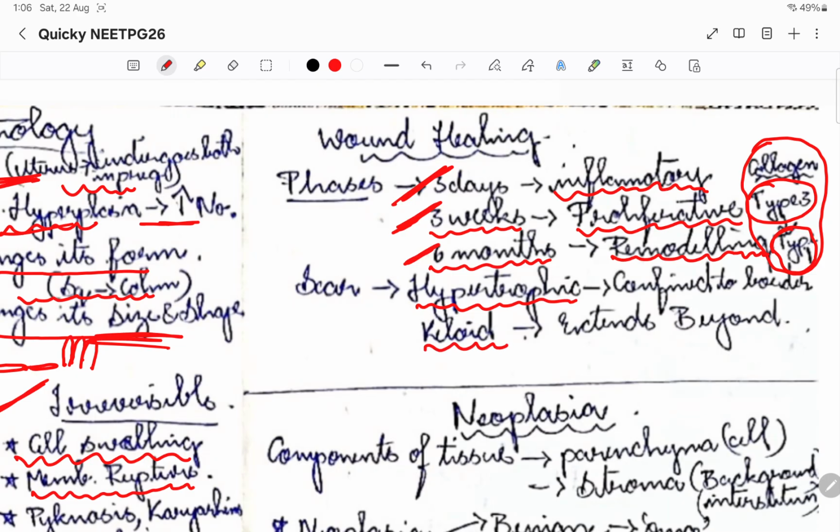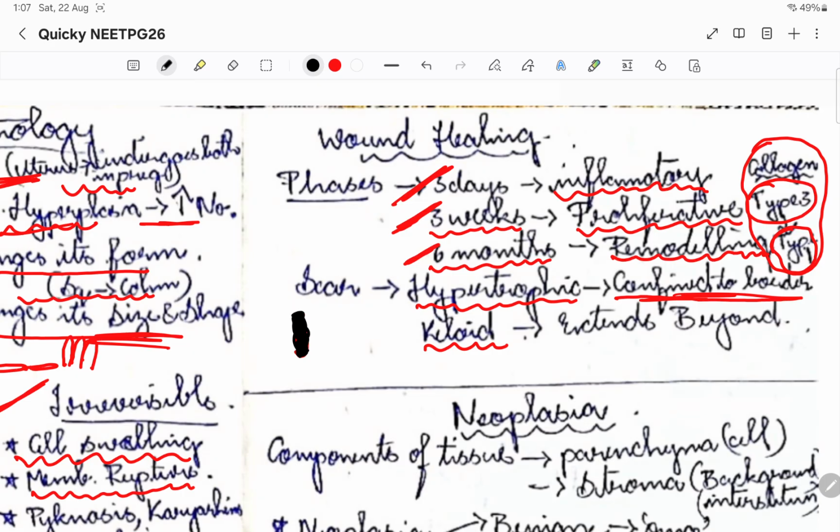What is the difference between the two? In hypertrophic scarring, the scarring is confined to its borders. Suppose this is the cut wound and the healing has happened, and the healing is here only, but there is too much healing. Too much collagen is forming and a big blob-like structure is there.